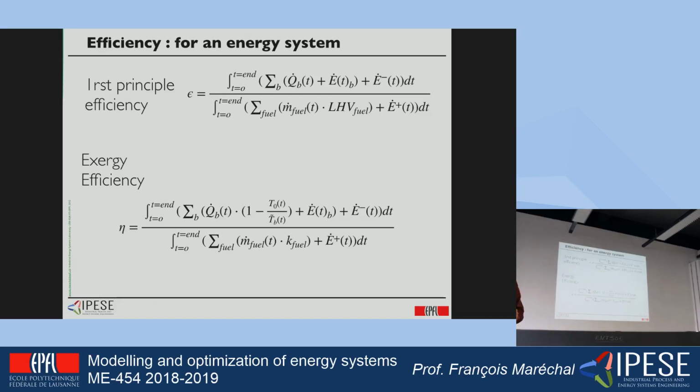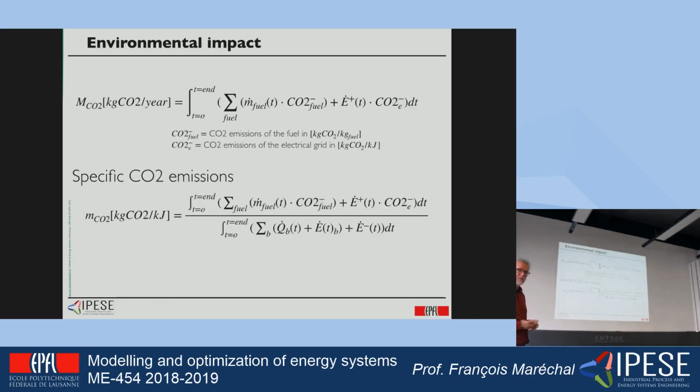Now, when you have to calculate the environmental impact, you again make an integral from a given time to an nth time of the amount of carbon dioxide emissions that the unit is going to produce. That is the carbon dioxide emissions for the different fuels that you use, multiplied by the flow, and then you make the integral.